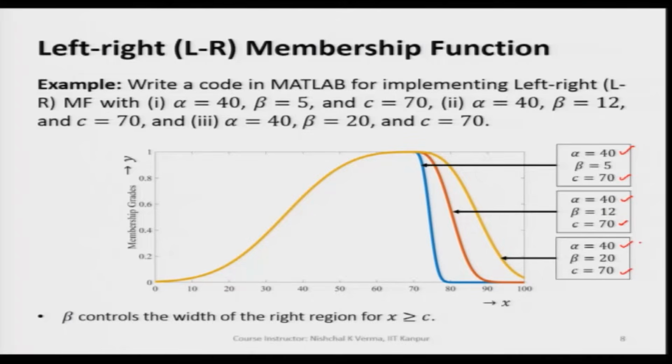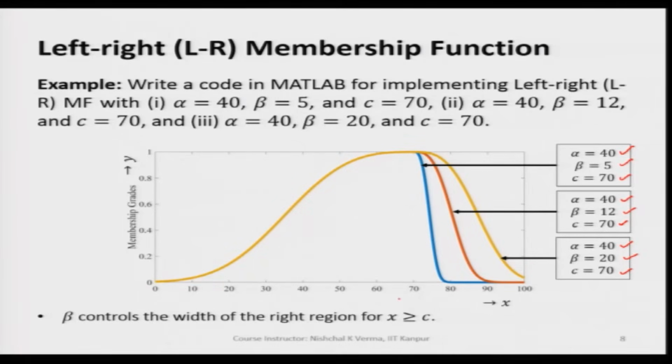So, in all the three cases alpha and C remain the same, only beta is changing. In one case we have beta as 5, the second case we have beta 12, and the third case we have beta 20. So, beta is changing as 5, 12, 20.